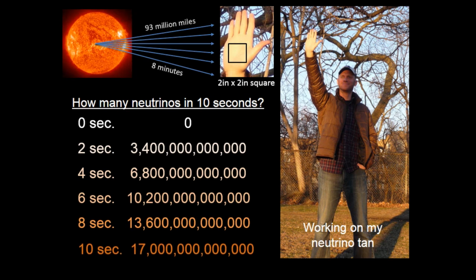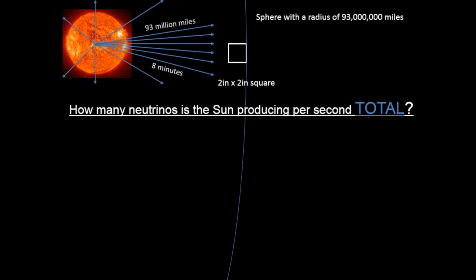Okay, so now we can do another calculation. If you imagine a sphere with a 93 million mile radius and a little 2-inch patch on that sphere, you can do a simple calculation of what is the fraction of this 4 square inches to the surface area of a 93 million mile radius sphere, right?